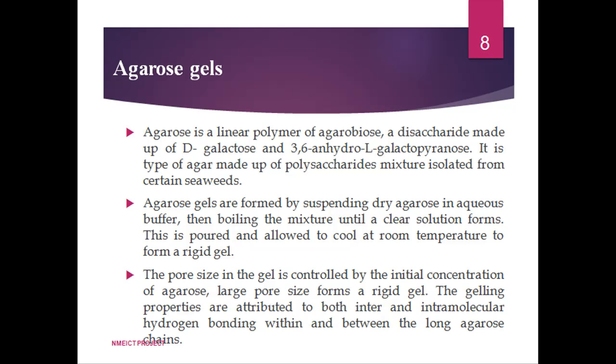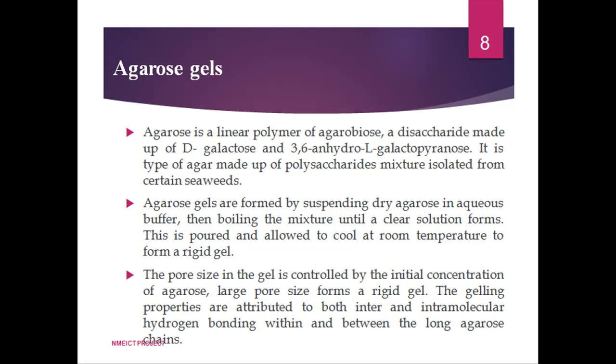Agarose gels are formed by suspending dry agarose in aqueous buffer, then boiling the mixture until a clear solution forms. This is poured and allowed to cool at room temperature to form a rigid gel. The gelling properties are attributed to both inter- and intramolecular hydrogen bonding formed between the long agarose chains.